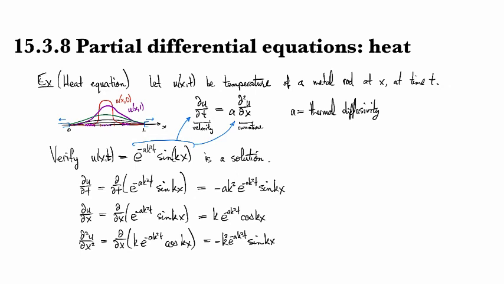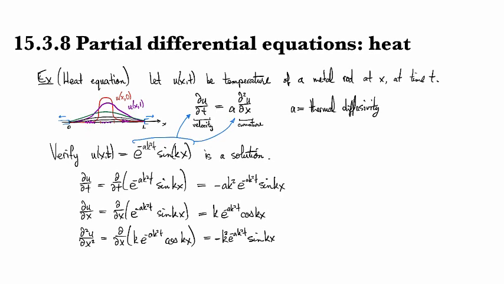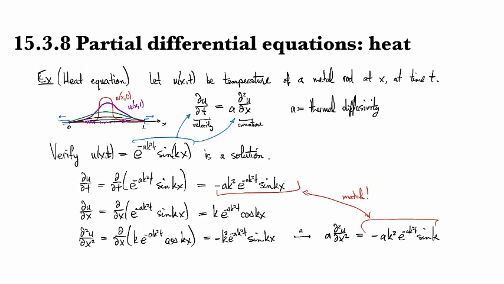So now we have a k squared there. And so now that's the second derivative of u with respect to x. So if we multiply it by a to get a times the second derivative of u with respect to x, then we would have -a k^2 e^(-a k^2 t) sin(kx), which you can see, sure enough, matches with what we had before. So we verified that the given formula is a solution of this partial differential equation.